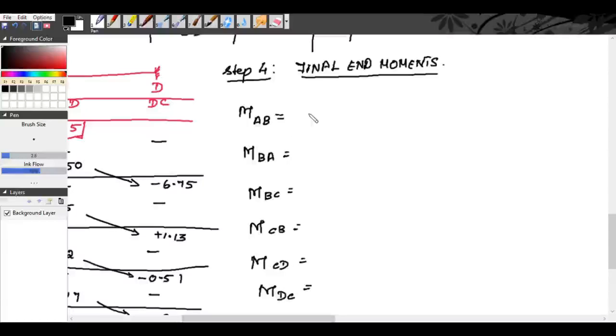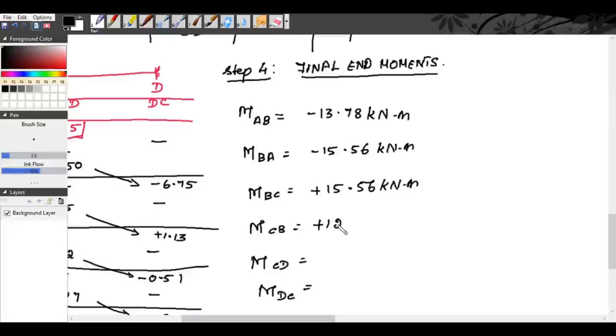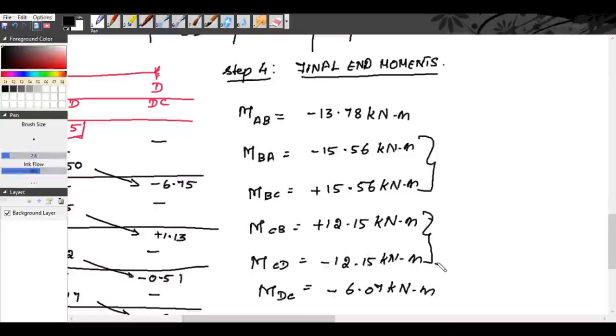So what we get is minus 13.78 kilonewton meter, minus 15.56 kilonewton meter, plus 15.56 kilonewton meter, plus 12.15 kilonewton meter, minus 12.15 kilonewton meter and minus 6.07 kilonewton meter. See, at B the summation is equal to 0, at C the summation is equal to 0.